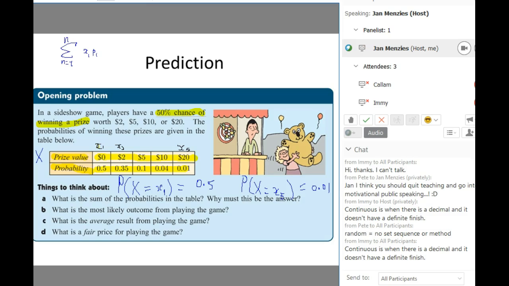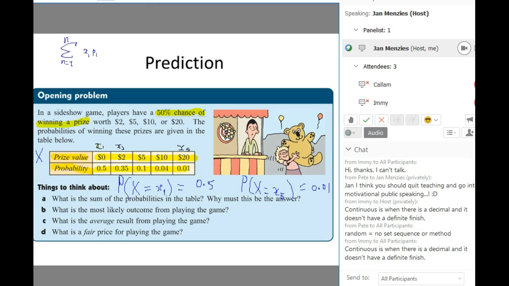Okay. Now, one thing I've said is this is only valid if we've considered every single outcome. Have you got any idea how we can look at the data in that table and decide that it's valid data? I'll change the question a little.